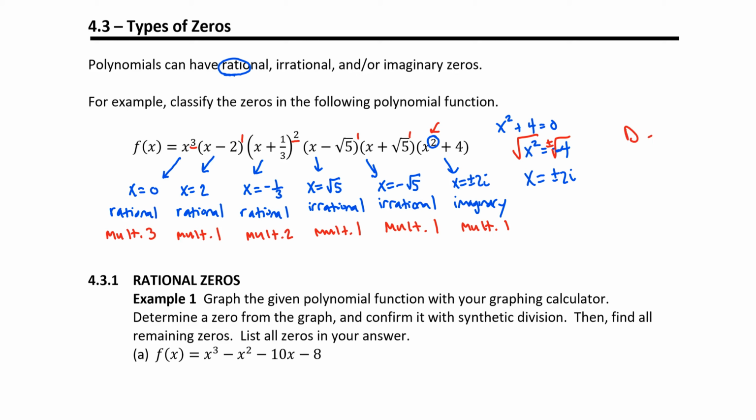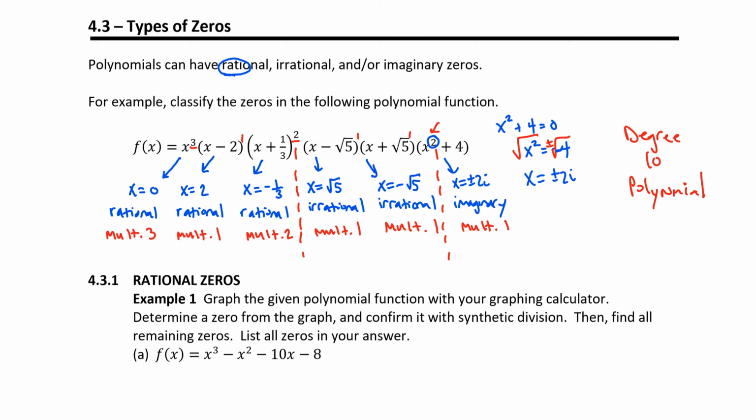This would be a degree 10 polynomial. So it's degree 10. It has 7 distinct zeros. Some of them are rational, that is, they can be written as a fraction. Some of them are irrational, that is, they cannot be written as a fraction. And some of them are imaginary.